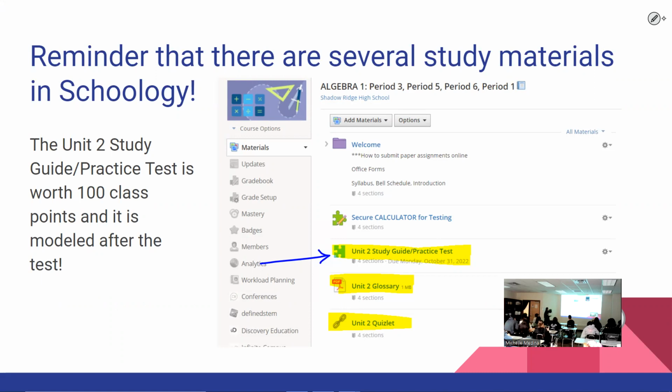That's not how it works. You get 3 attempts automatically to try and get the highest score you can. This includes all the questions on the 100-point portion of your actual test. So the percentage that you're seeing from that, you should think of it as what you would get on your unit 2 test.